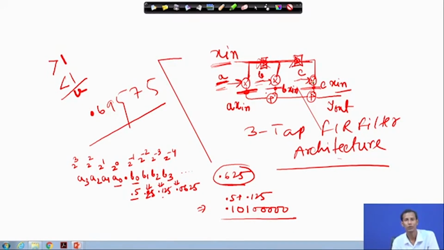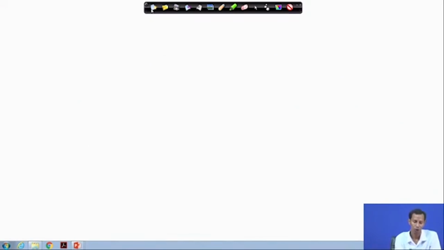So, here you see one thing: A is basically represented by this kind of thing, the same for B, the same for C. So, can I write this term A x in in a different way? I can. How can I write it?